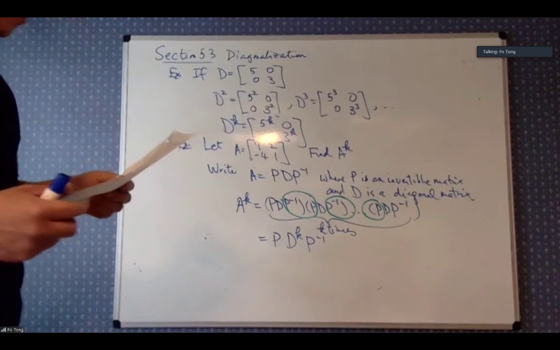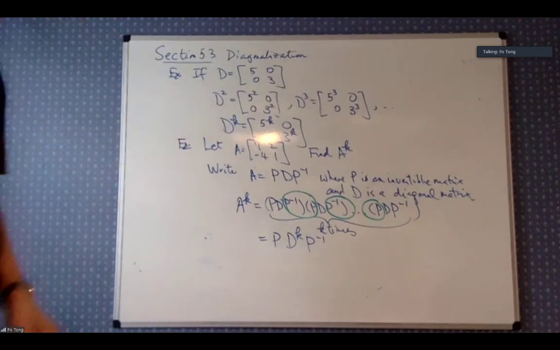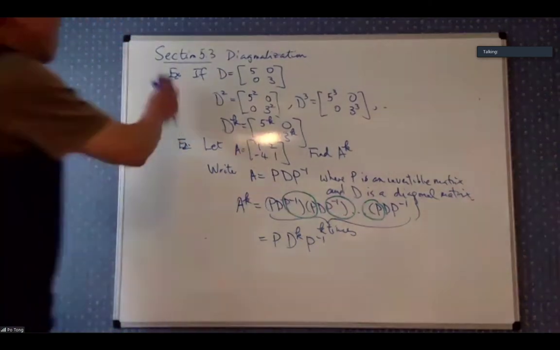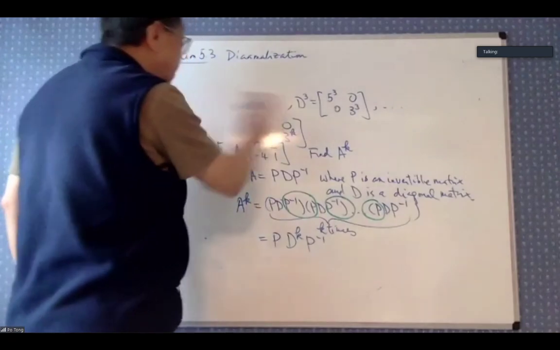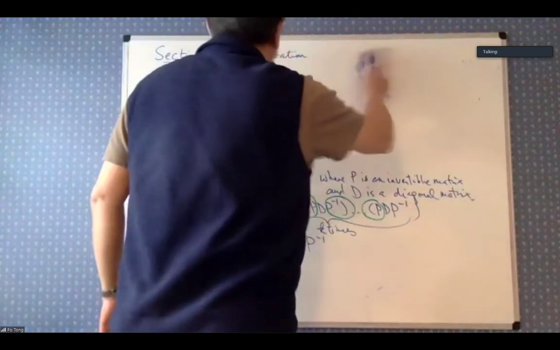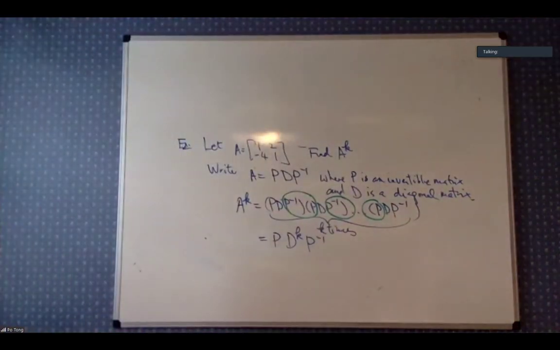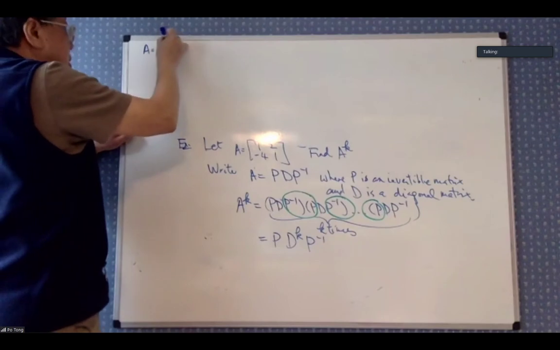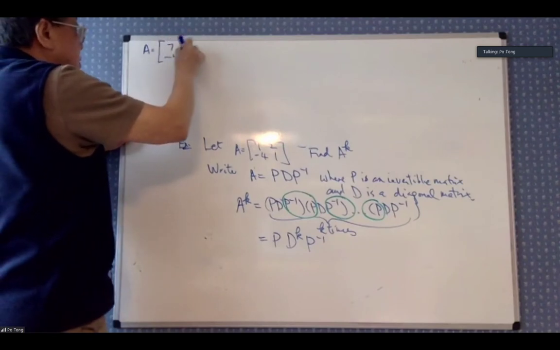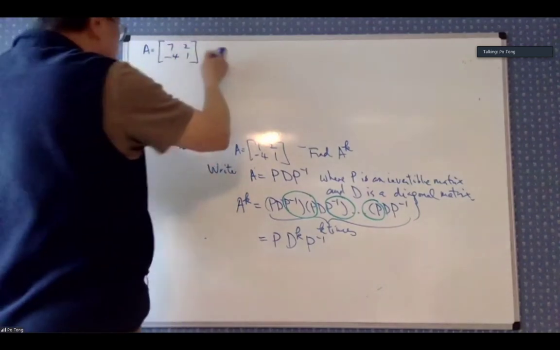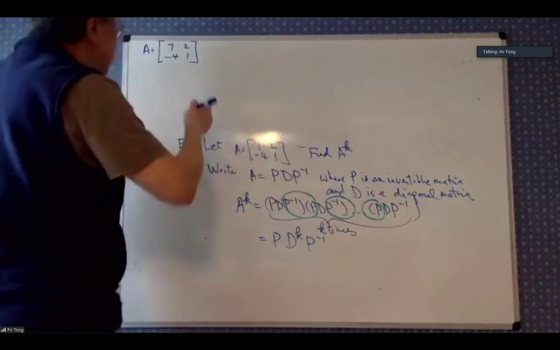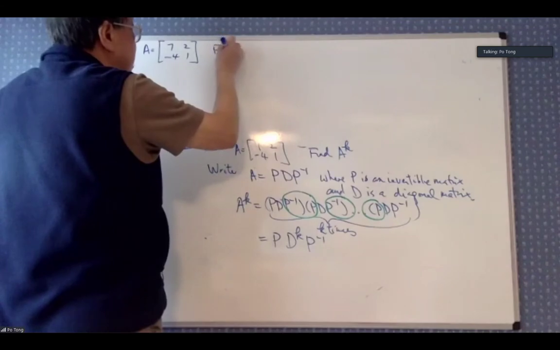Here's how we do it, okay? So A is equal to 7, 2, minus 4, 1.